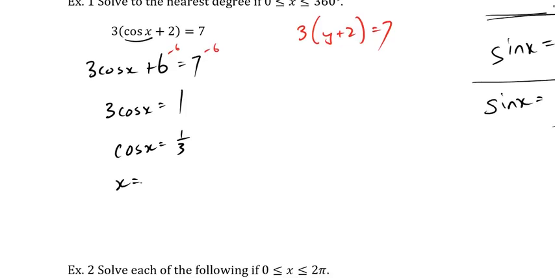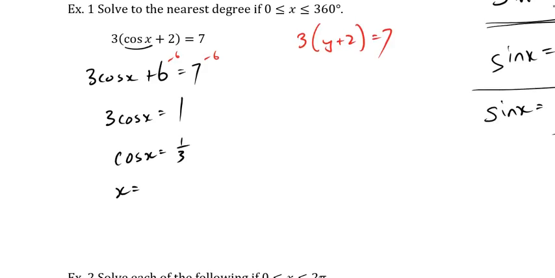x equals shift cos. This is in radians, so 1.2. Oh no, this is supposed to be in degrees. Whoops. So in degrees, careful, because I have to switch my calculator over.